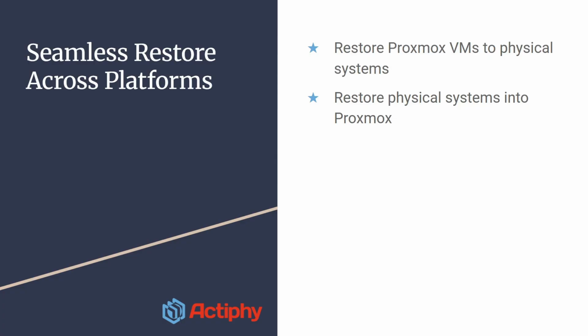The operating system, applications, configurations, and data are preserved. This approach simplifies physical to virtual migration dramatically. For MSPs, it allows legacy systems to be consolidated into virtual environments without extended downtime or complex reconfiguration. And it turns what could be a multi-step migration project into a structured recovery process.